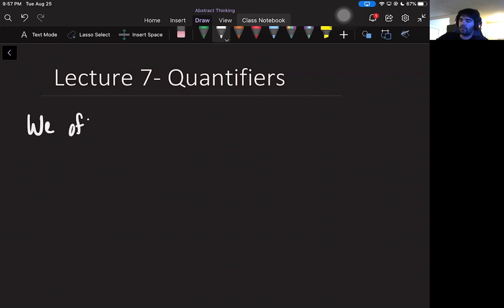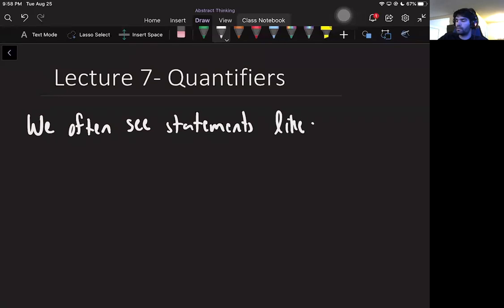So let's think of one specific example. We often see statements like this. For any x, where x could be some type of number.